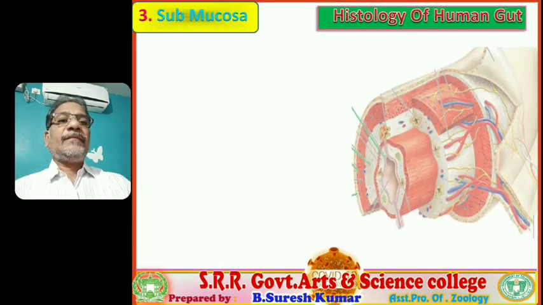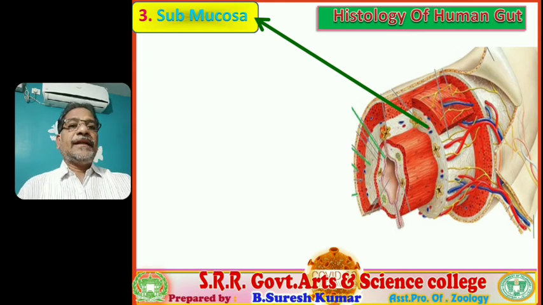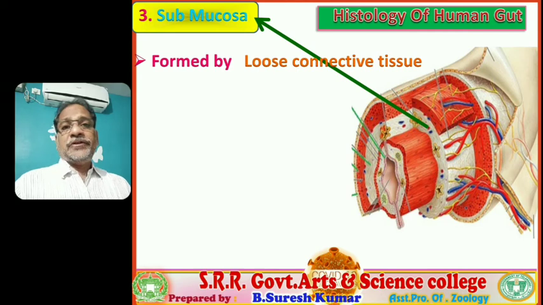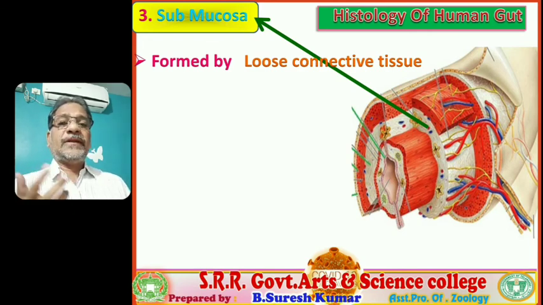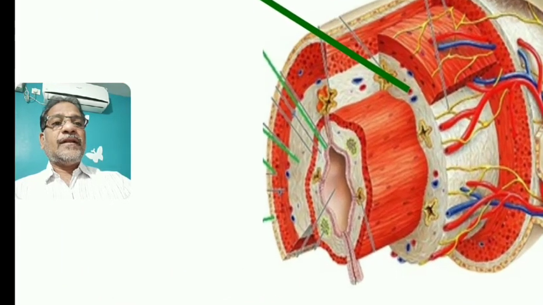The submucosa layer contains loose connective tissue. The connective tissue holds various kinds of structures.